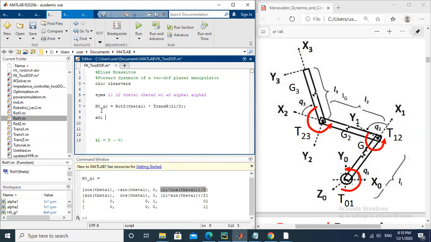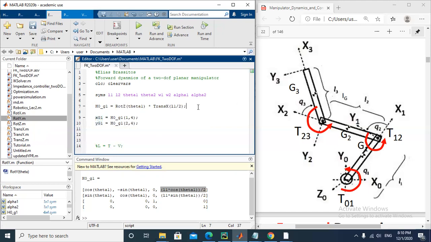So x of G1 is equal to H0G1, first row, fourth column, and y of G1 is equal to H0G1, second row, fourth column. So now we have these. That is y of G1.